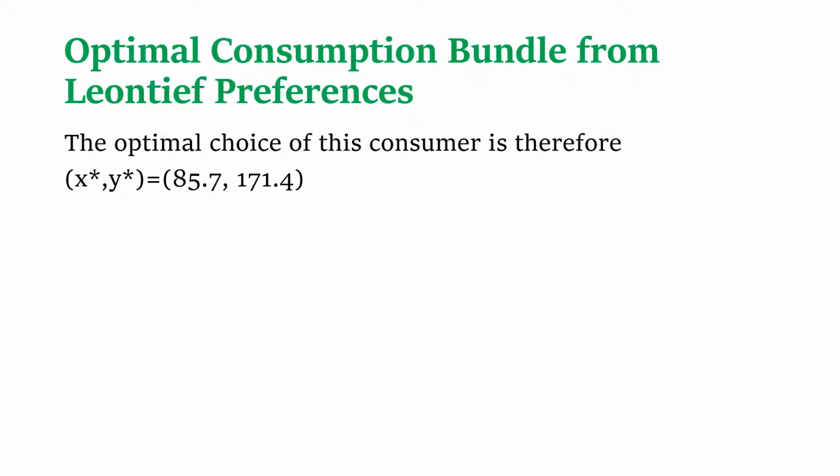So the optimal choice of this consumer is therefore 171.4 and then 85.7. Oh, this was a mistake. So this 171.4 should come before the 85.7, right?